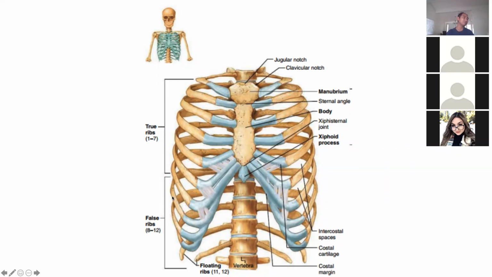But beyond the 7th rib, so 8, 9, 10, they have to come and join to the costal cartilage of the 7th rib. And 11 and 12, they don't even attach to the costal cartilage, they are just floating ribs.